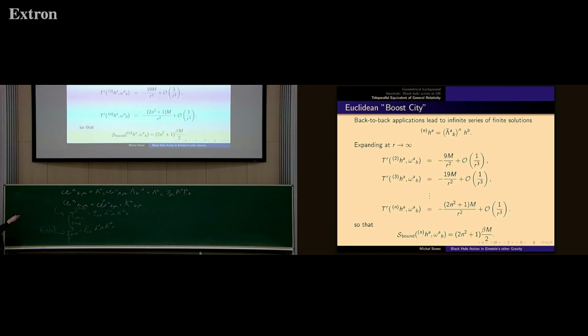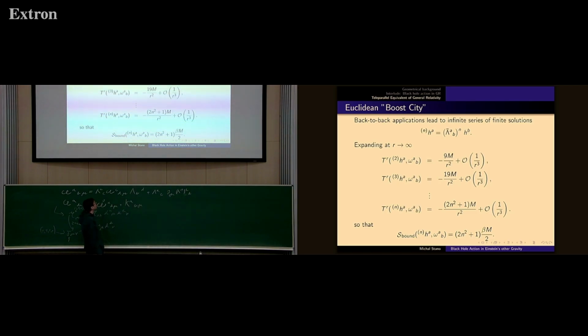And it leads us to the following expression for the boundary action of the free-falling frame in terms of the number of applications of the Euclidean rotation to the diagonal frame. So not only is the action not unique in teleparallel gravity, but it seems that you obtain an infinite number of actions for the black holes within teleparallel gravity.